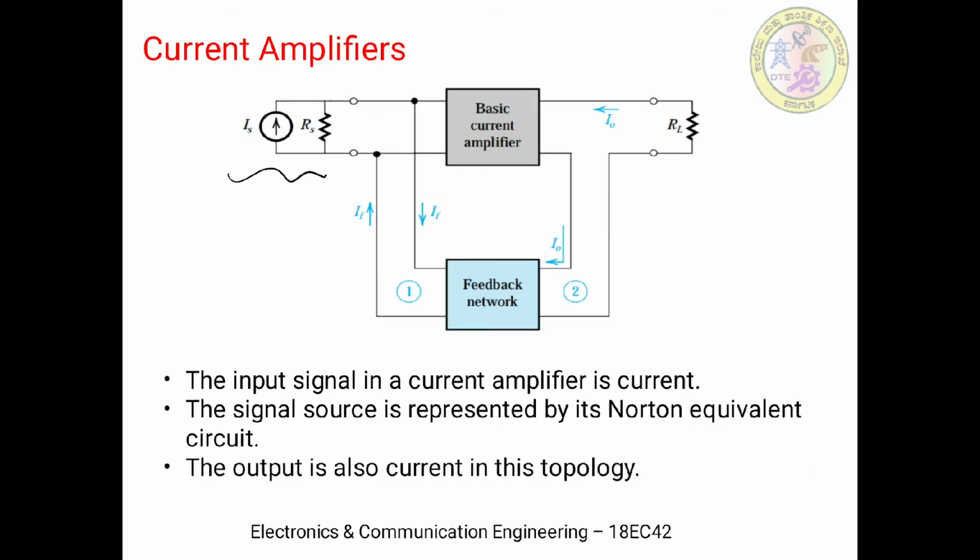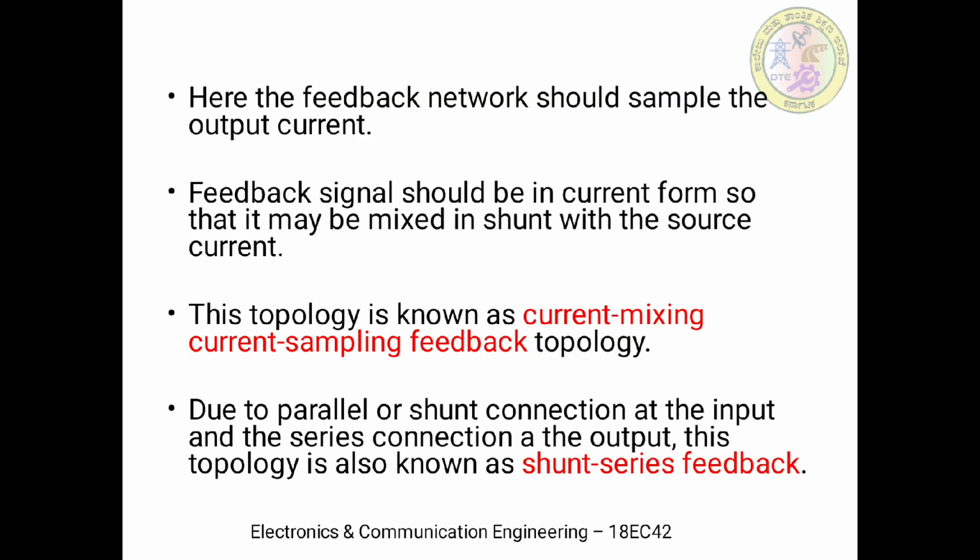You can see in the diagram that at the output we have the series connection, but at the input the feedback current will be mixed in parallel. So this particular topology is also known as current mixing and current sampling feedback topology.